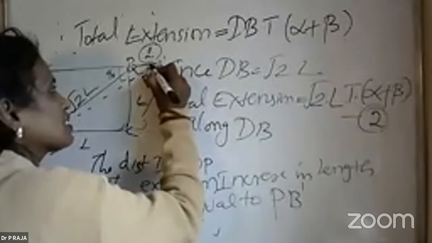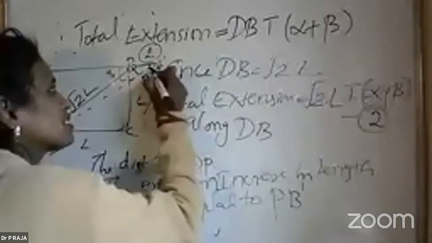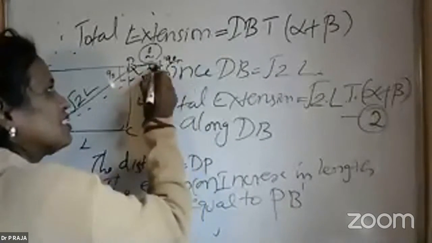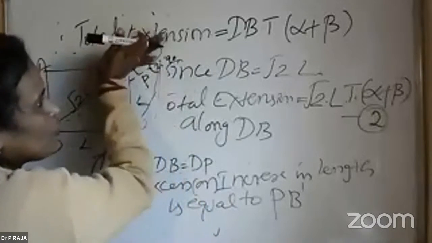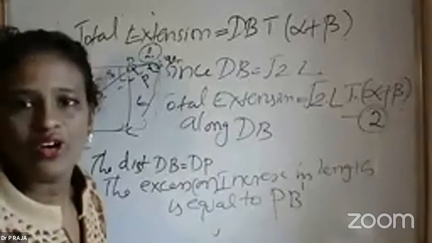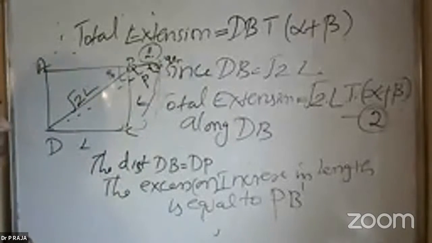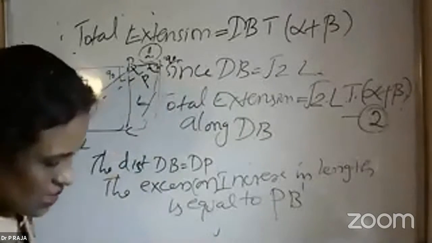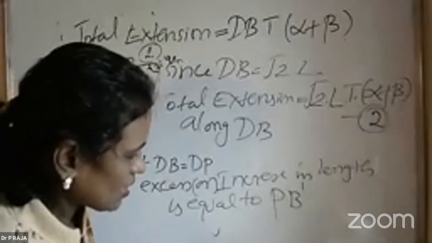If I take this entire thing as 90 degrees, this half will become 45 degrees and the other one will become 45 degrees. So we need to find what is PB dash. That is our next aim.